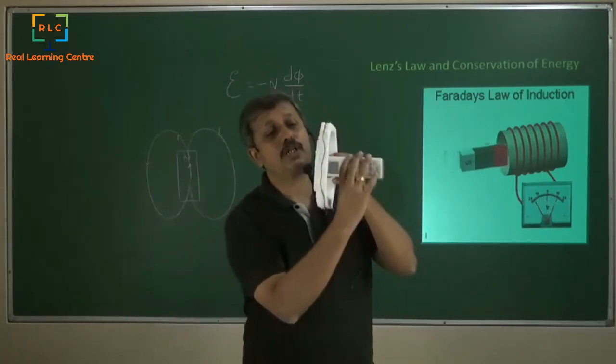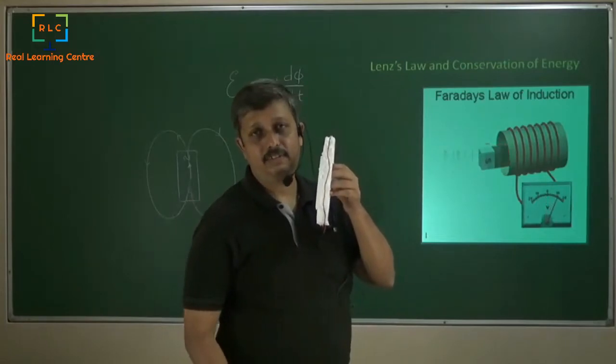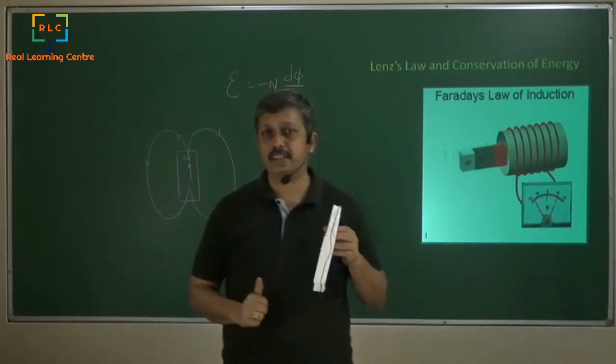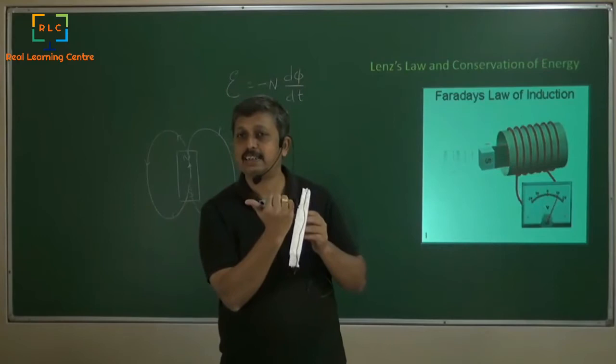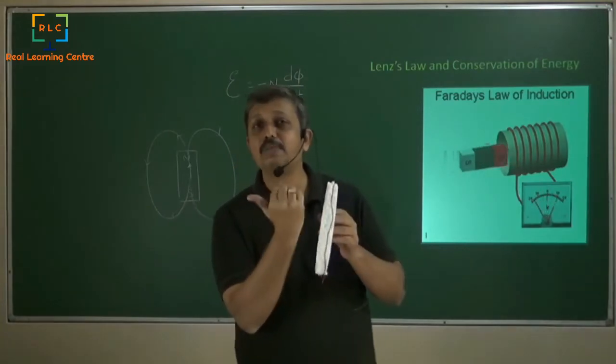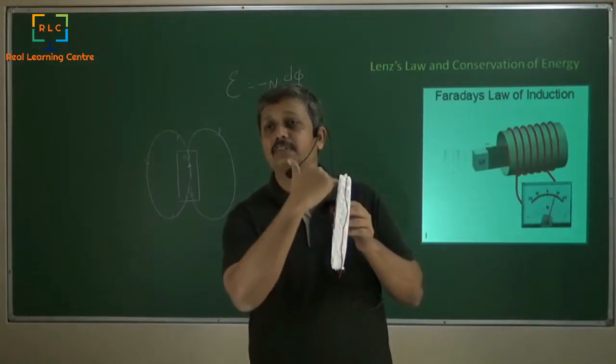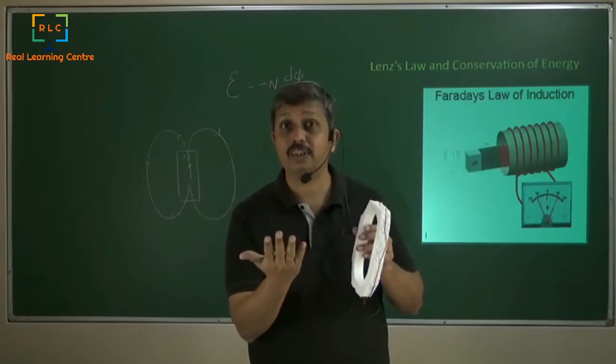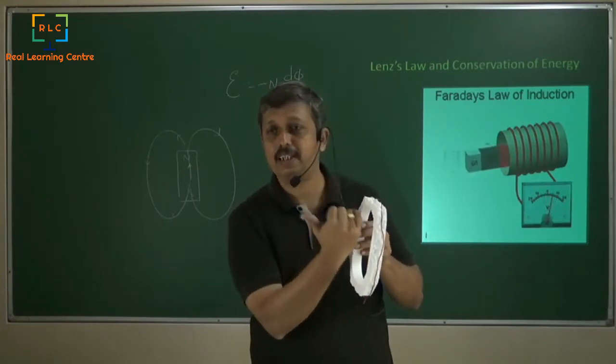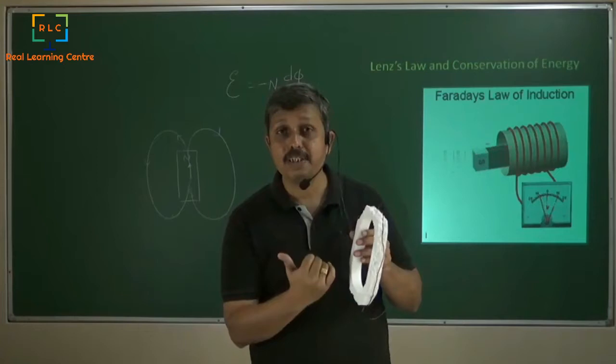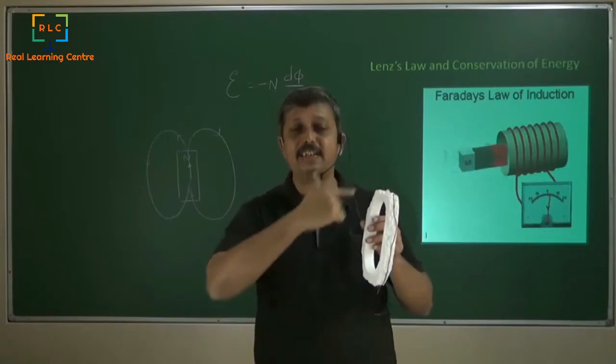So how does it produce a magnet in this direction? That means the magnet direction should be like this. If the magnet direction has to be like this, the current direction is like this. I showed you the technique: current direction is like this, magnet direction is like this. That means it produces a current in this direction.